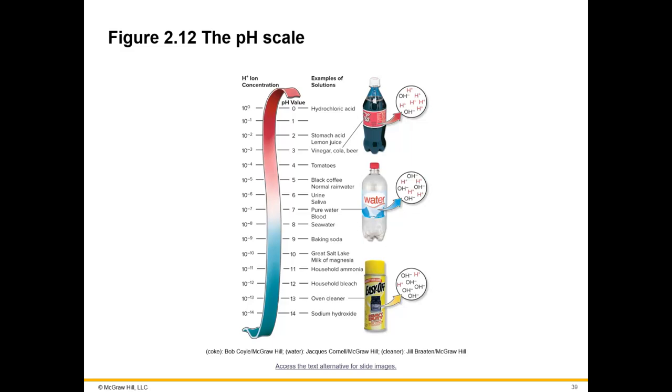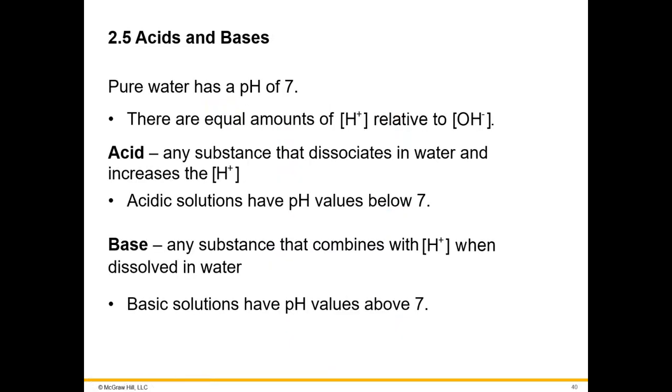So this is a representation of the pH scale. You should remember that 0 is the more acidic side, 14 is the more basic side, and you should definitely remember that we're really talking about the hydrogen ion concentration when we're talking about the pH. As we just said, pure water has a pH of 7. That means that there are equal amounts of hydrogen ions and hydroxide ions.